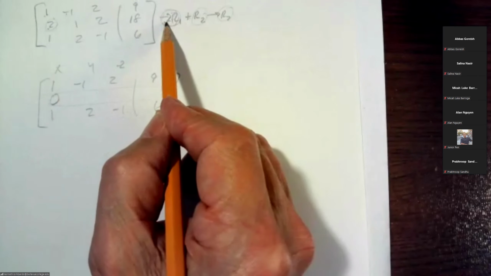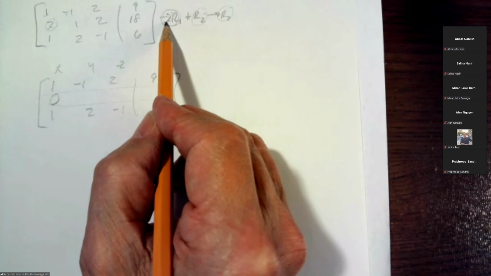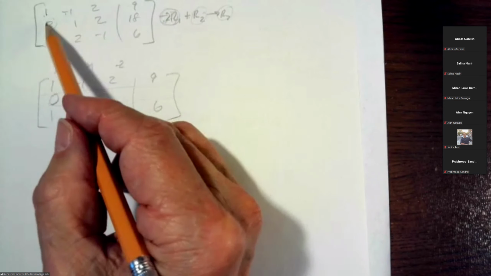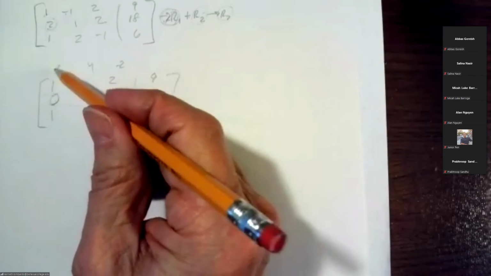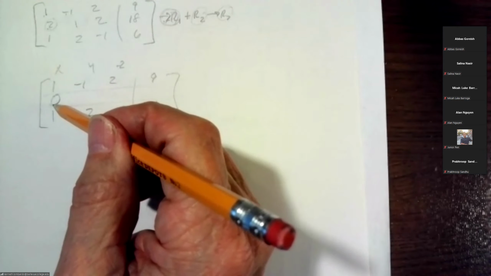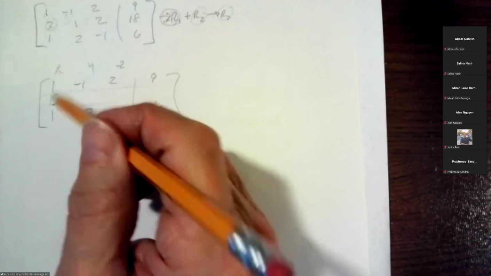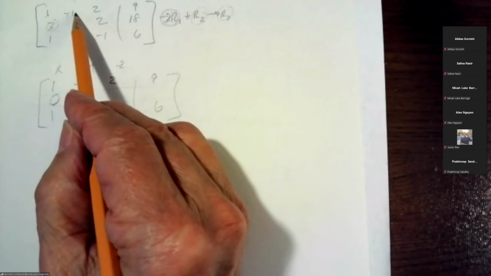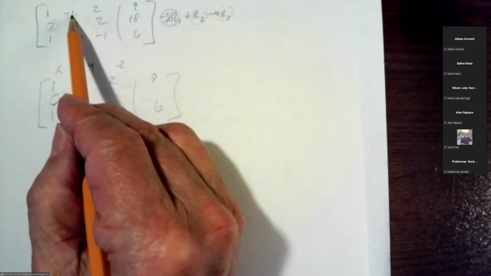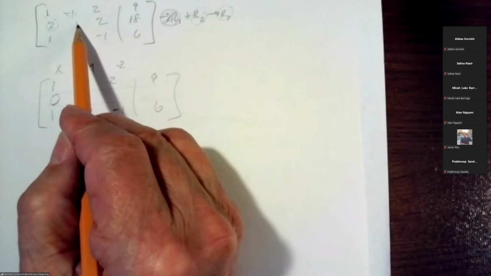So this is the operation I did on row 2 to allow me to get a 0 under the X variable. So I did -2 row 1 plus row 2. So -2 times here is going to be -2 times -1 is 2 plus 1.